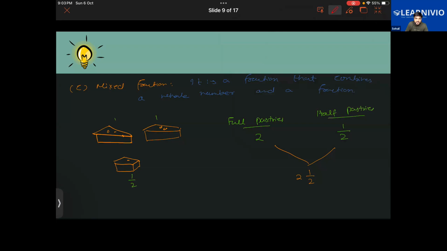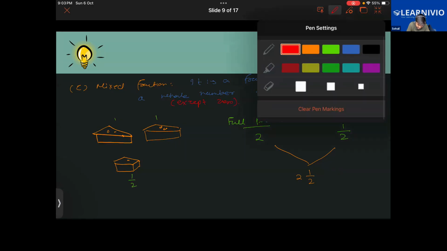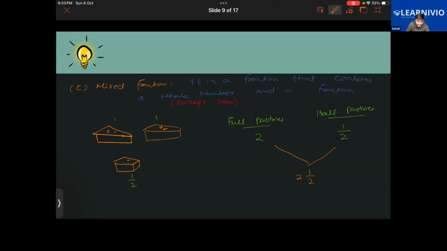Further, another important thing to keep in mind is that the whole number should not be 0. Right next to the whole number, you will be writing except 0. Got this, everyone?